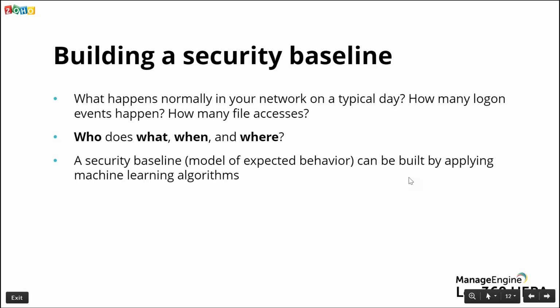And it forms that security baseline. It's analyzing what happens normally in your network on any typical day. It looks at how many logon events happen, how many file accesses happen, basically who does what, when, and where. The machine learning algorithms are going to train on the data collected by your SIEM to profile all of these users and systems and understand what normally happens, right?